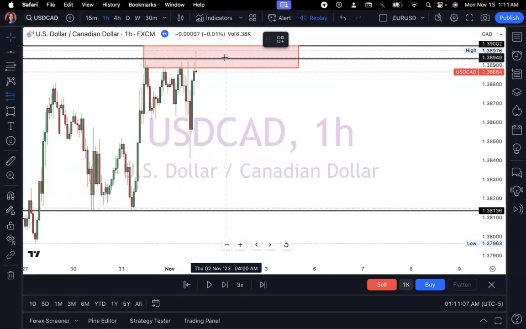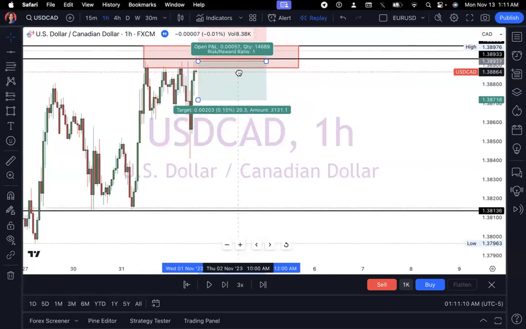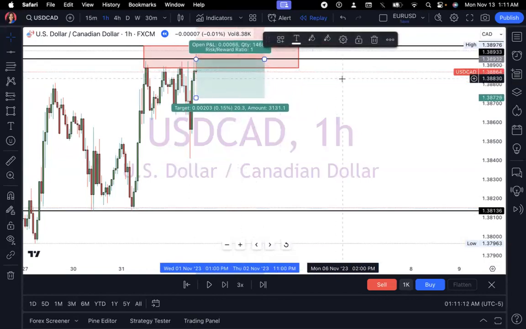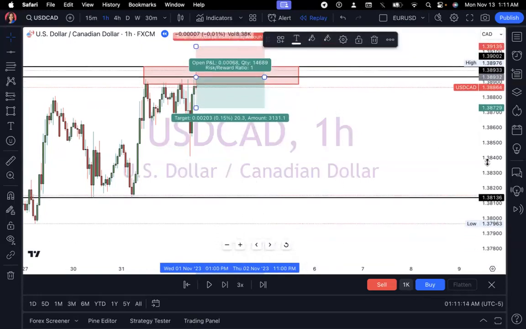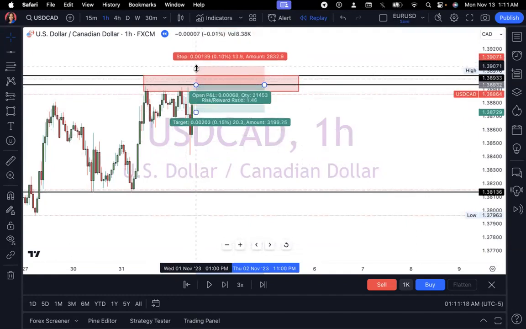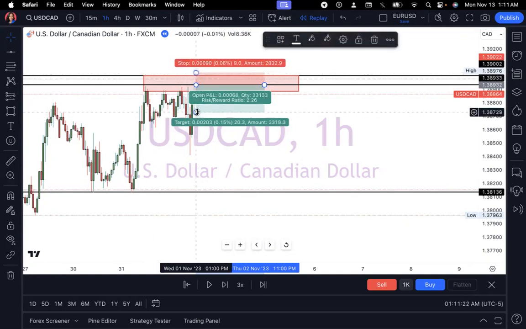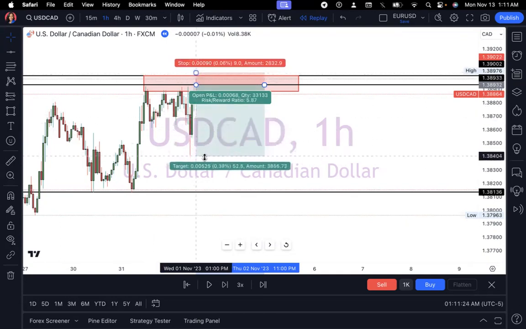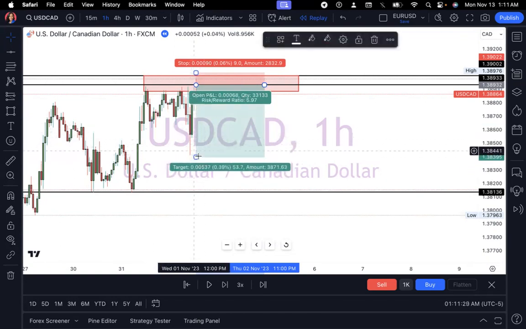Now, what should happen if the market is going to continue to do what it usually does is the market will come back up and touch our entry point, which is this black line. It should not go outside of the supply zone. And our TP will potentially be a little bit lower than the previous low.